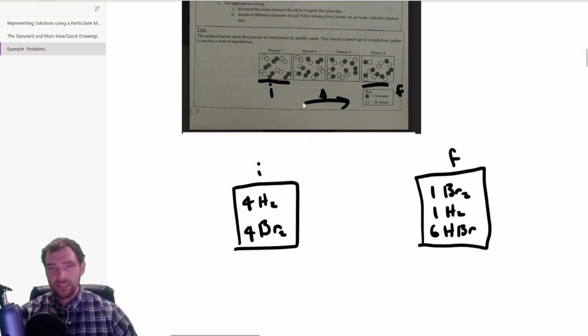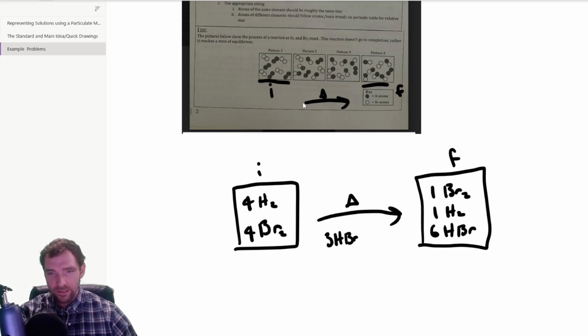So what we could say is that the change that's happened here is that 3 of the H2 plus 3 of the Br2 reacted to give us 6 of the HBr.